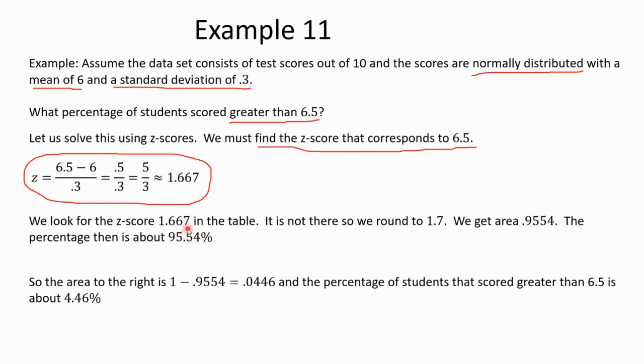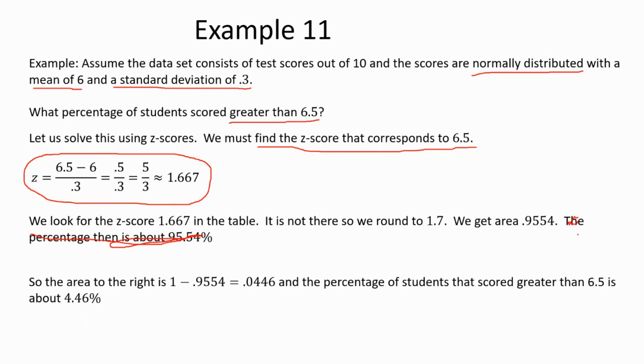Now, again, that's not in the table. We saw that. So we had to round it to 1.7. So we rounded to 1 decimal place. In the table, what you would get is 0.9554. That's the area you would get. And let me just get rid of something. This should not be here because, again, we're not looking for the area to the left.